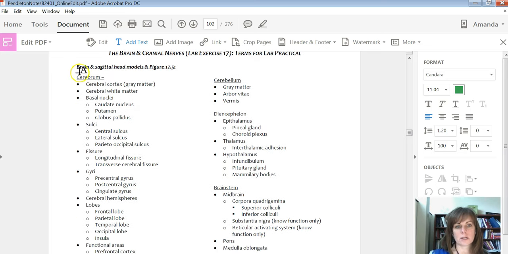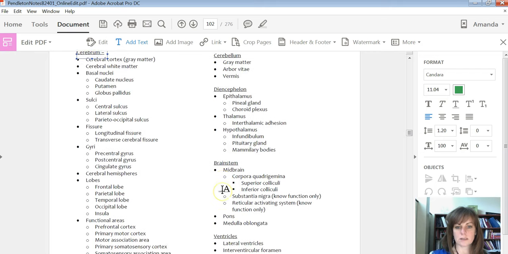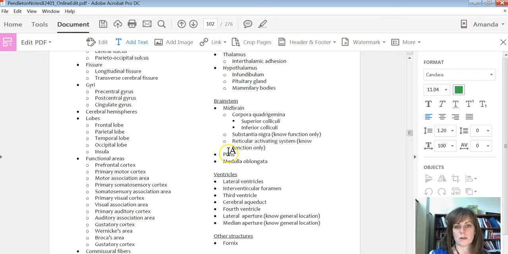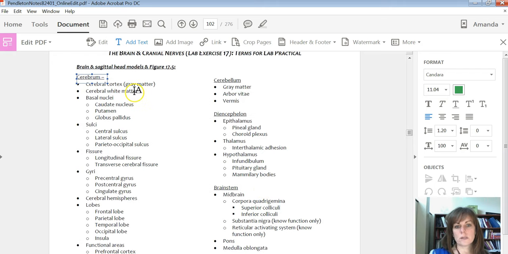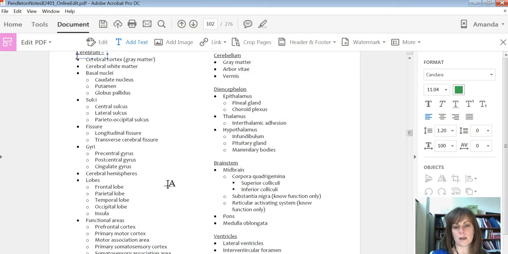Okay, and the way this is organized is underlined, each of the major regions. So you see cerebrum, cerebellum, diencephalon, brainstem, and then brainstem containing midbrain, pons, and medulla oblongata. Okay, so those are the other three main regions. And I want you to notice that underneath each of these are bullet points that contain these subregions or subareas.